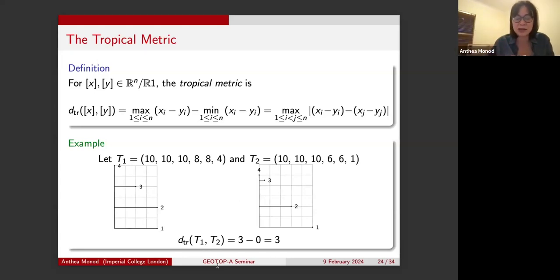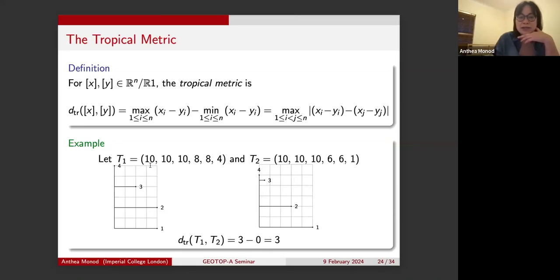All right. So we have this representation. We have a tree space now, and now we need a metric to be able to compare. Here I'm looking at the tropical metric. This tropical metric is a generalized Hilbert projective metric, and it's given by the distance between the max and min of the differences between any 2 elements of 2 trees. Here's an example: we have 2 trees, drawn to scale, and these are the vector representations.